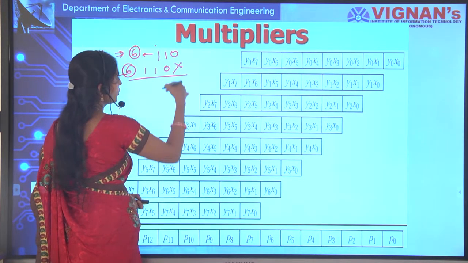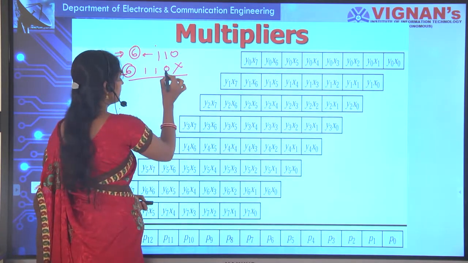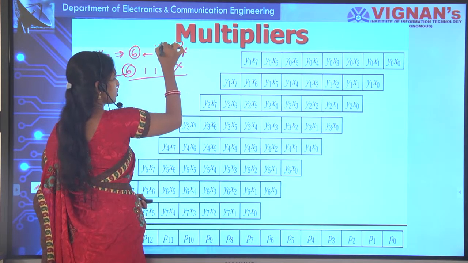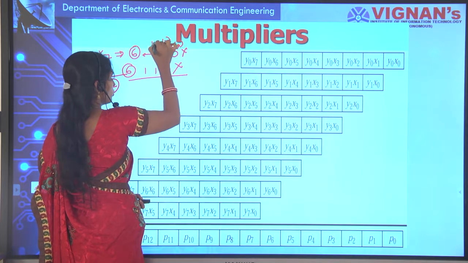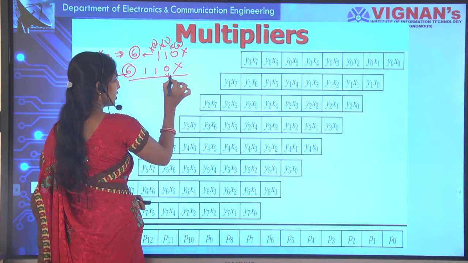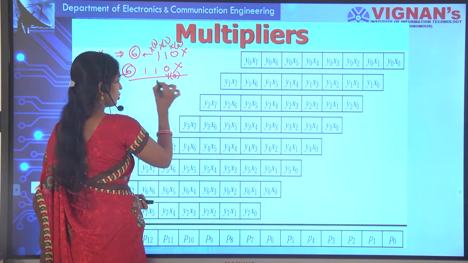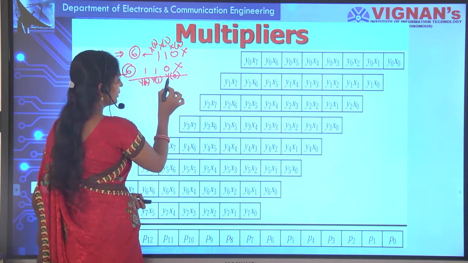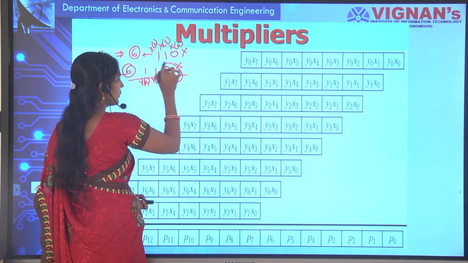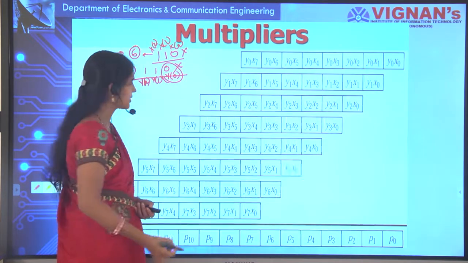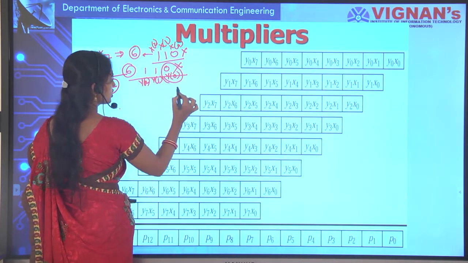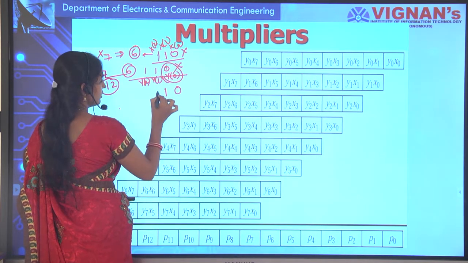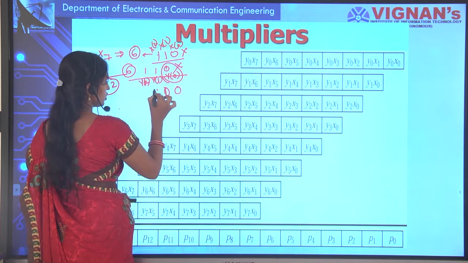So what you will be doing, first you will be taking your X bits, that is X of 0, X of 1 and X of 2. This is your least significant bit, that is Y of 0, Y of 1 and Y of 2. Now Y of 0 is multiplied with the whole X term. 0 with 0 is 0, 0 with 1 is 0, like that.